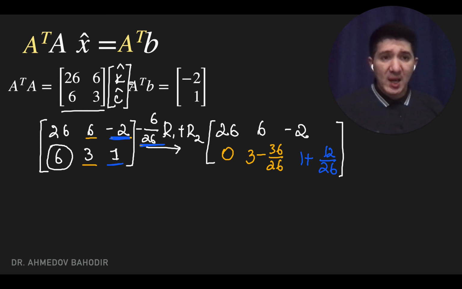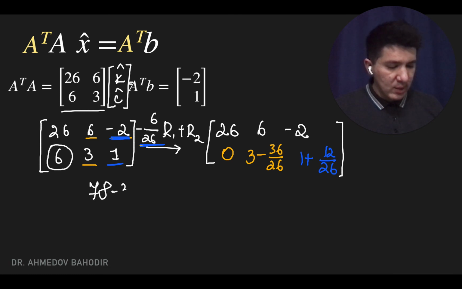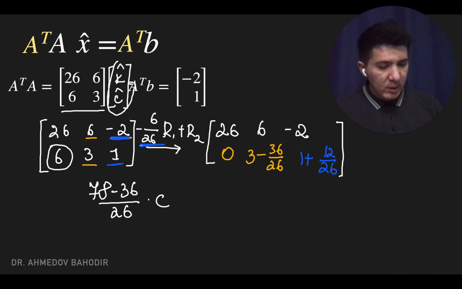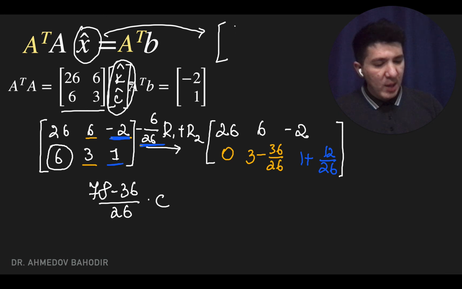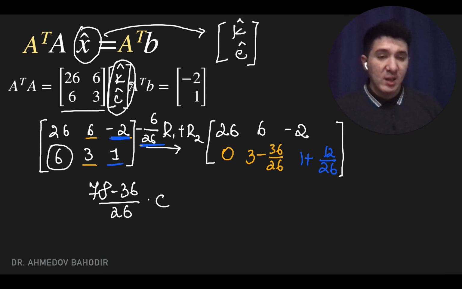So let's look at the second equation, second row. It is actually 78 minus 36 divided by 26 times c, because do you remember this vector has the two unknowns, k hat and c hat. So we have to find this c hat.